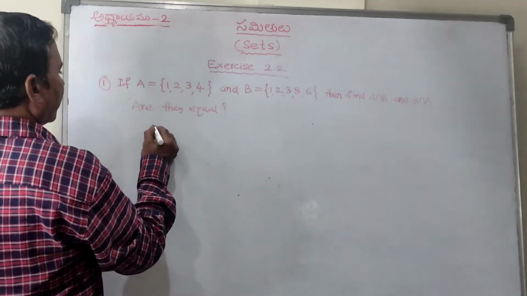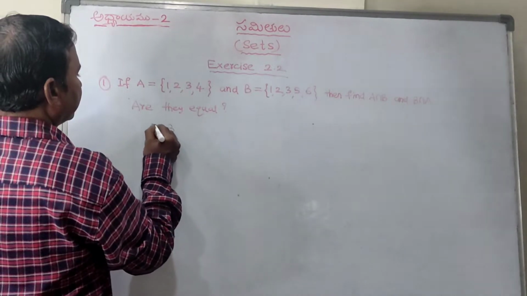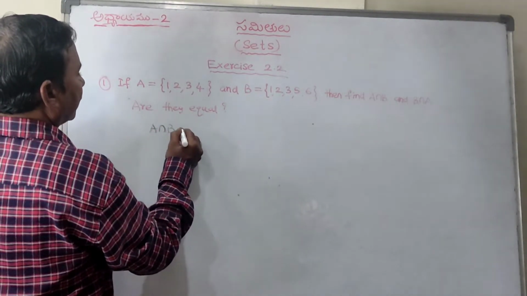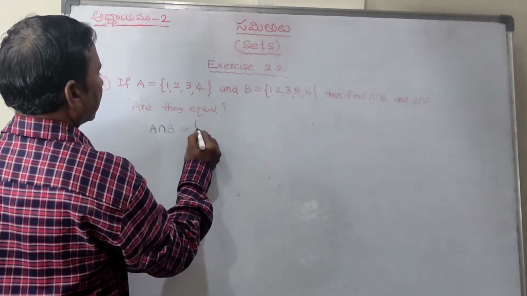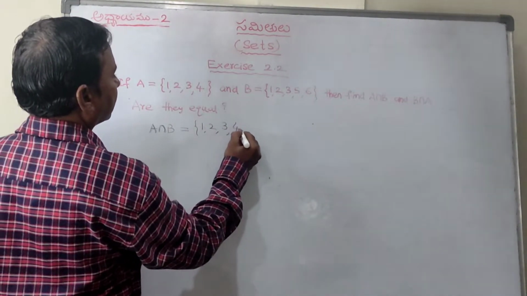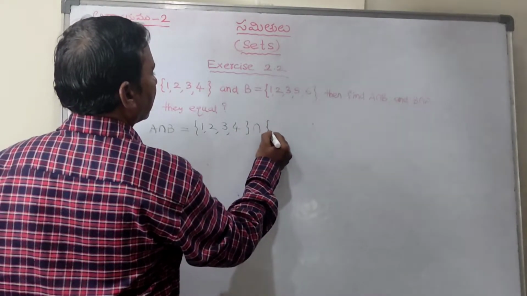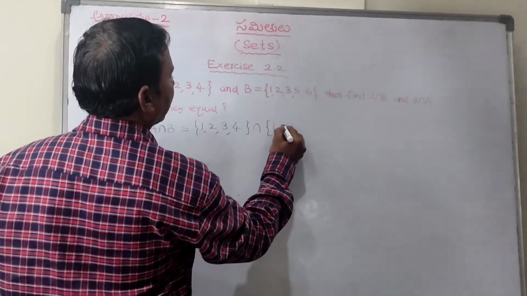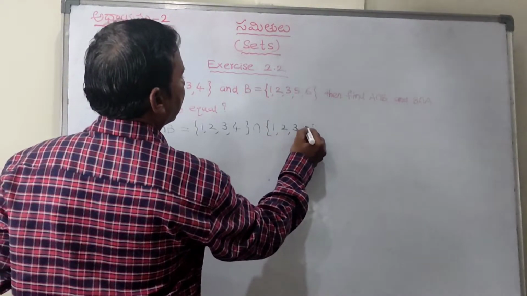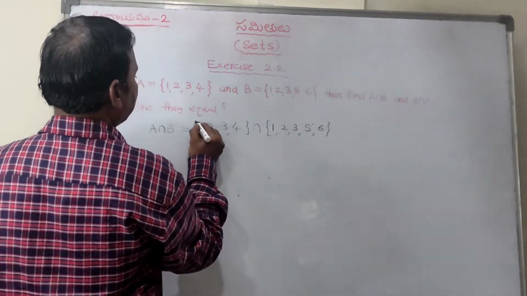So here, A intersection B equals, what is A? {1, 2, 3, 4} intersection. What is B? {1, 2, 3, 5, 6}.